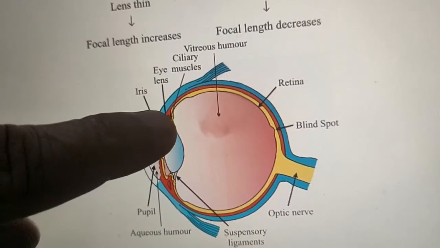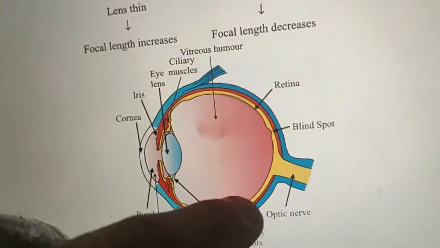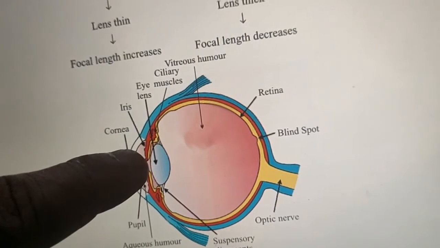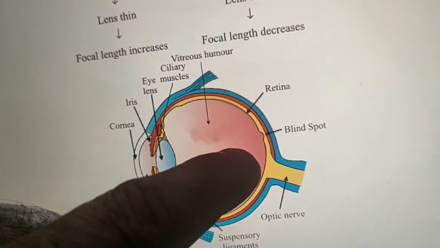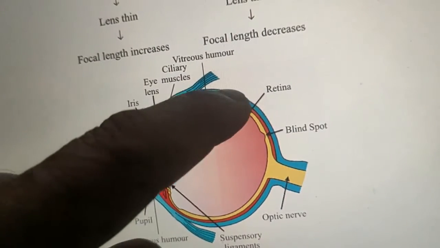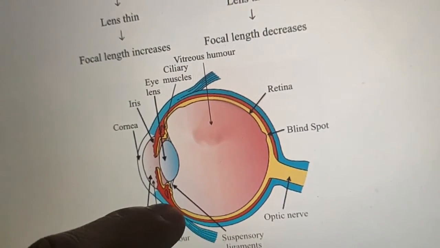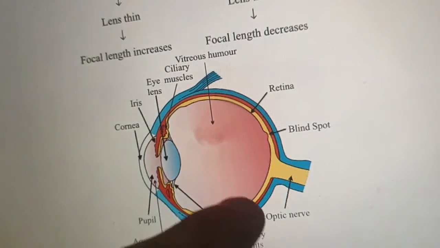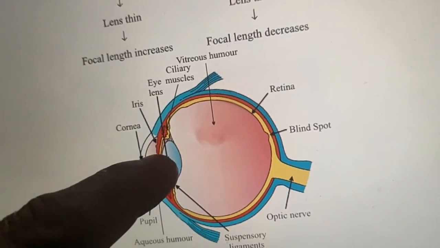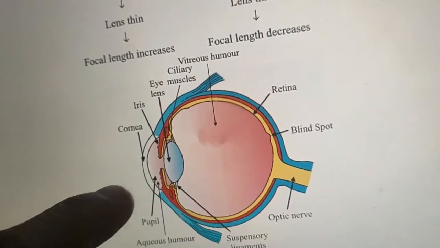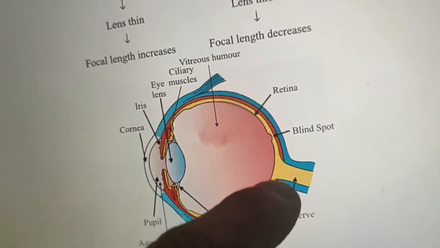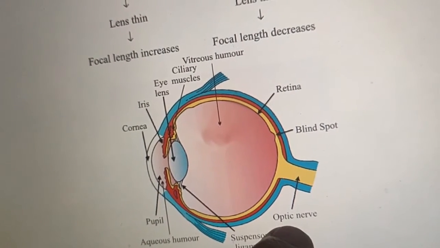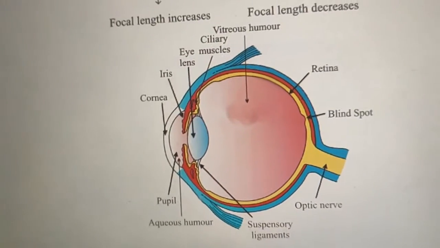And then comes the vitreous humor. Here it is aqueous humor and here it is vitreous humor. Then at the back there is a retina, and this place is a blind spot, and when light enters, it gives the inverted image on the retina, and that is carried by the optic nerve to the brain for its analysis.